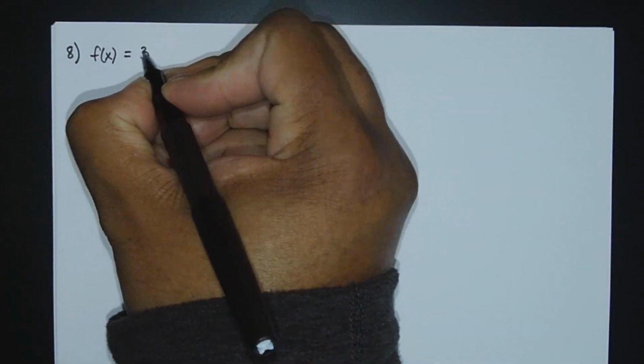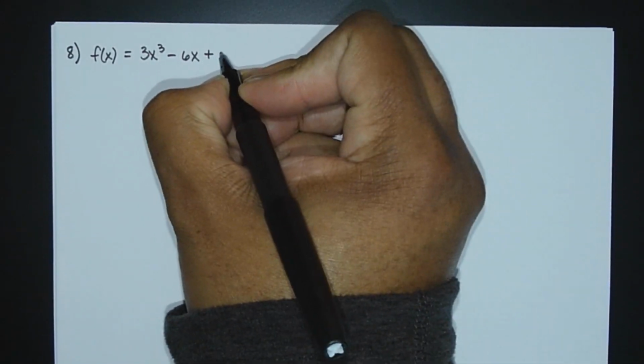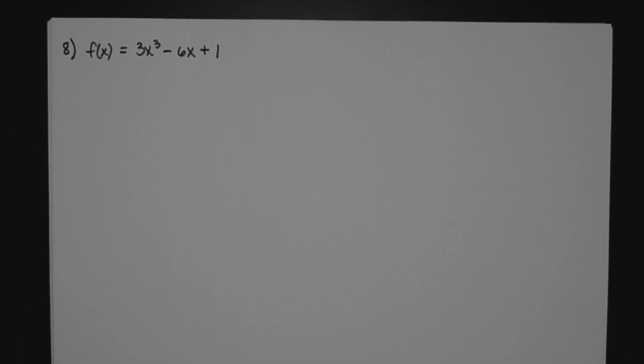Determine if the function f of x is equal to 3x cubed minus 6x plus 1 is even, odd, or neither.